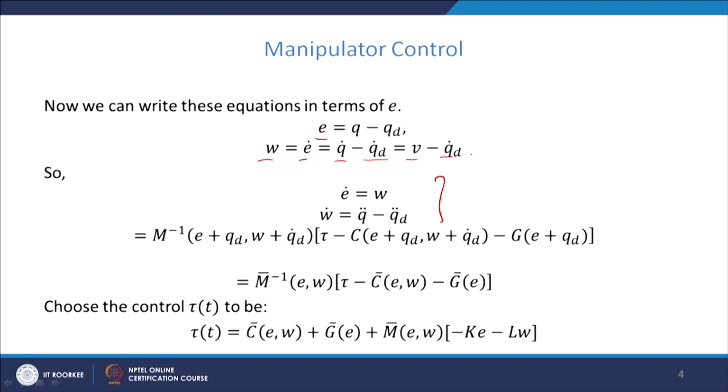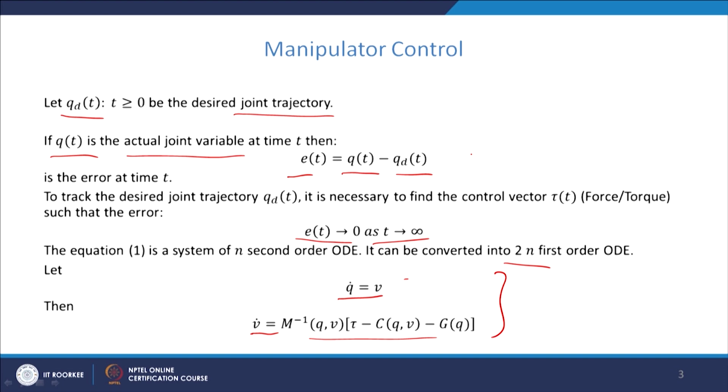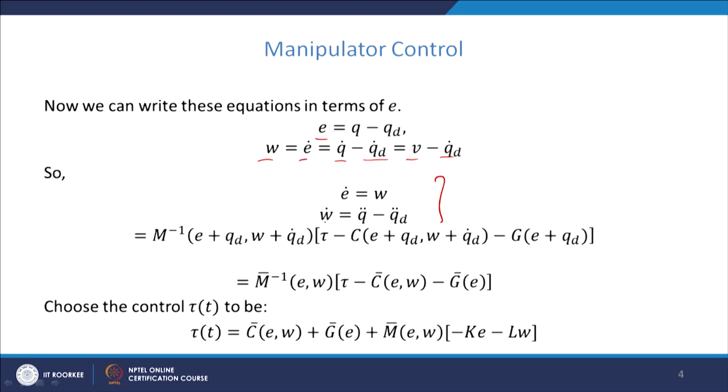So, we can get w dot from the previous slide. v dot is given by this last line. Ultimately w dot is given by this expression, M inverse, with q being e plus q d, and q dot being w plus q d dot, and similarly C and G of q are substituted.